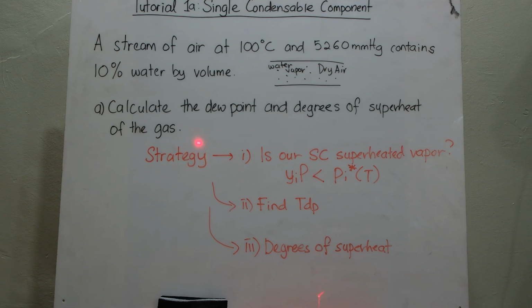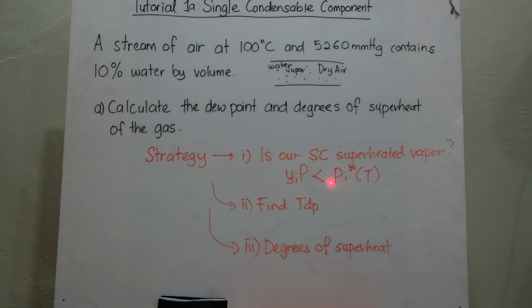So we have to come up with our strategy. In order to calculate dew point and degrees of superheat of the gas, we have to first determine whether our single condensable is a superheated vapor. Then we can do the dew point calculation and the degrees of superheat calculation. To determine whether it is in superheated state, we use this equality from the lecture multi-phase system part 2, rule number 3.